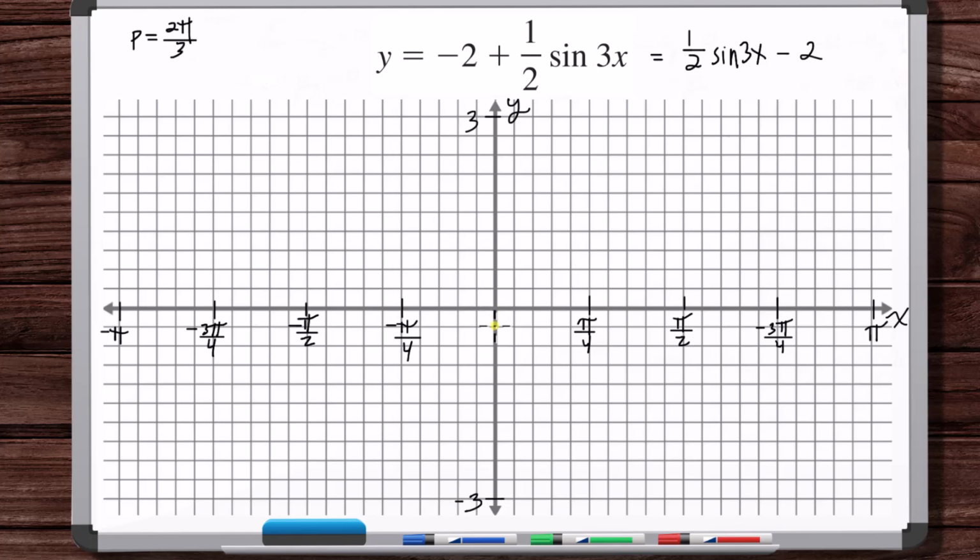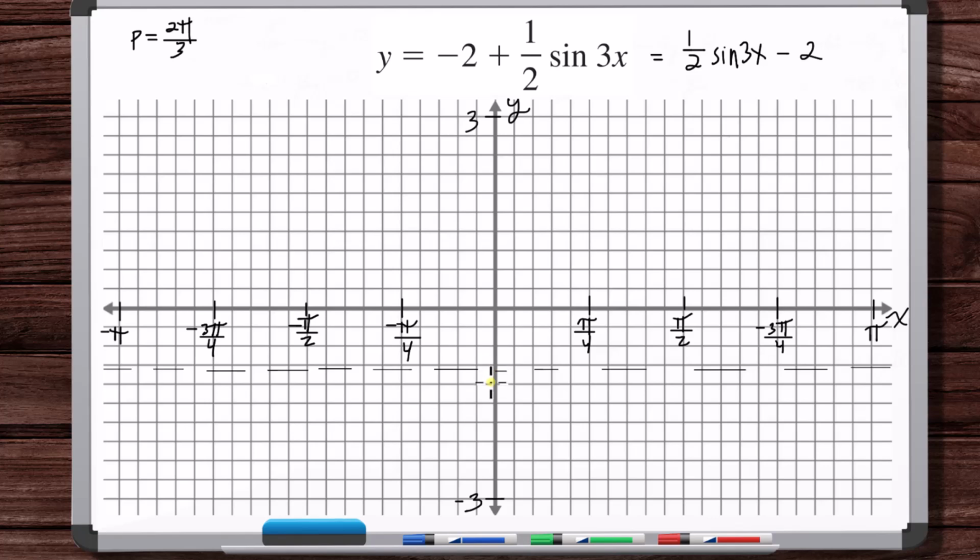Let's draw the mean. Each of these is 3 divided by 10, which is 0.3, 0.6, 0.9, 1.2. So right in there is the new mean line. And let's put the amplitude points too.